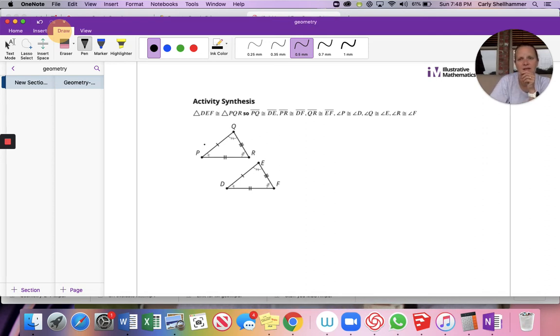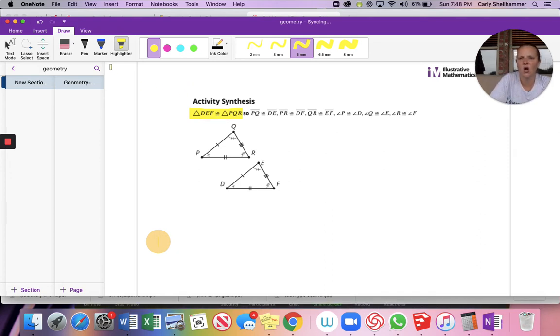If I read this, it says that triangle DEF is congruent to triangle PQR. Okay, that's what that says. Just want to get that out of the way. What I highlighted says triangle DEF is congruent to triangle PQR.